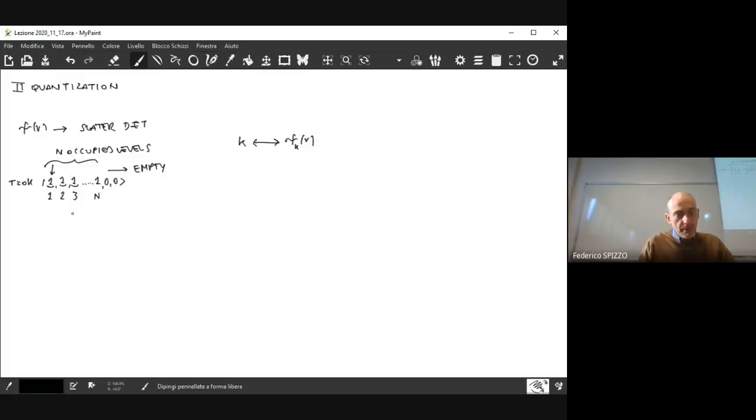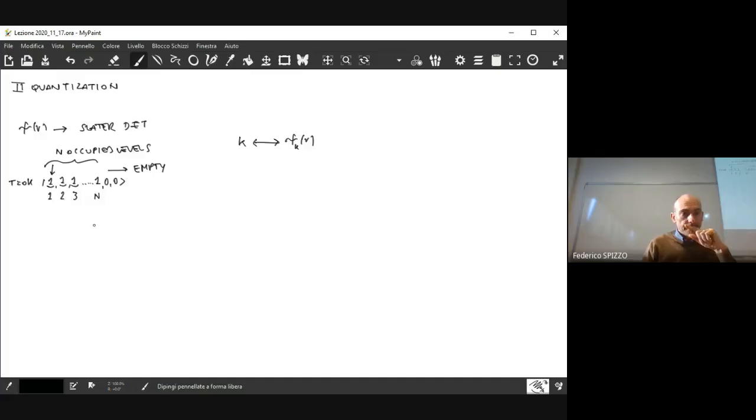Another motivation: if we write things in this way, to add or to remove one electron is a simple thing, because you just need to switch from 1 to 0 or 0 to 1, depending on how many electrons you decide to remove or to inject into the system.